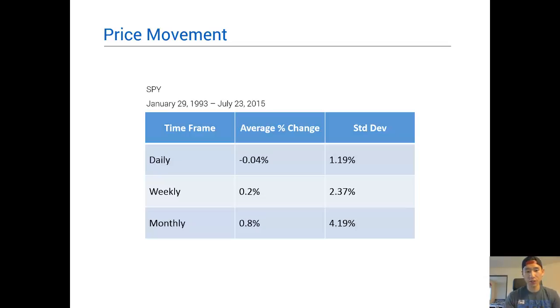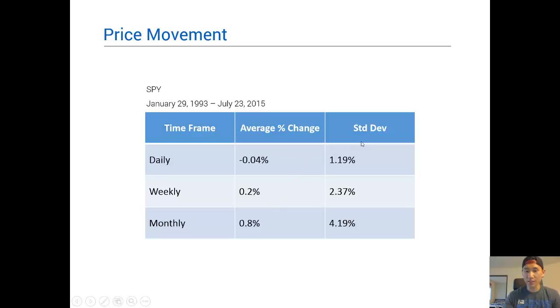Here on the very first column, you'll see time frames of a daily and weekly and monthly. And then here is the average change of those time frames. So on a daily, it would be today's price versus yesterday's price. Weekly is, let's say, this Friday's price versus last Friday's price, and monthly is on a monthly basis.